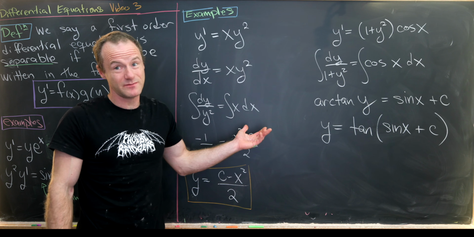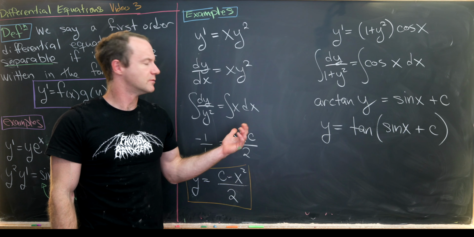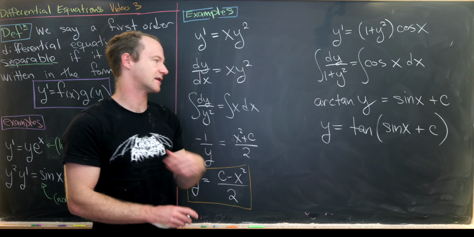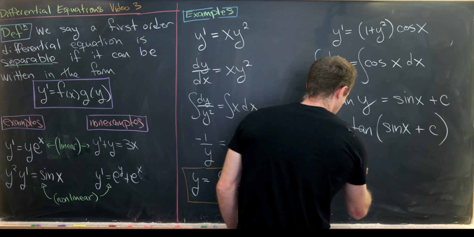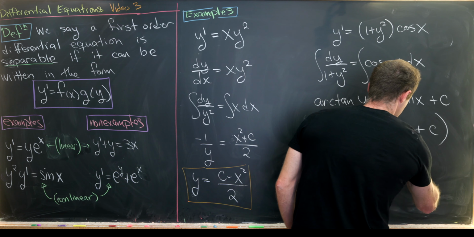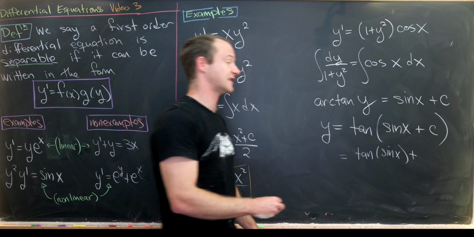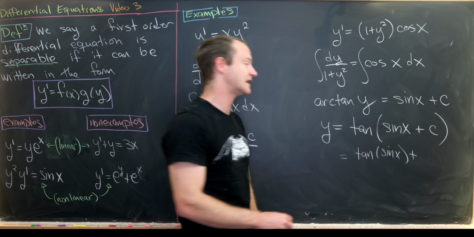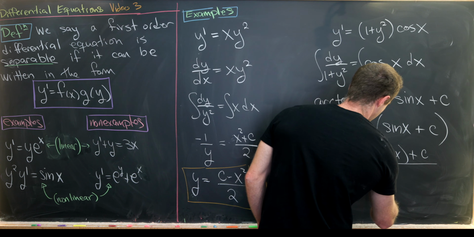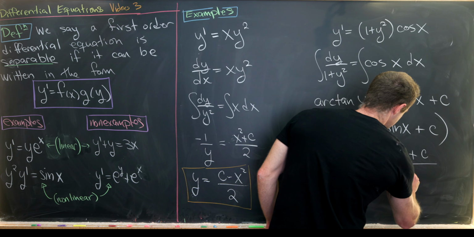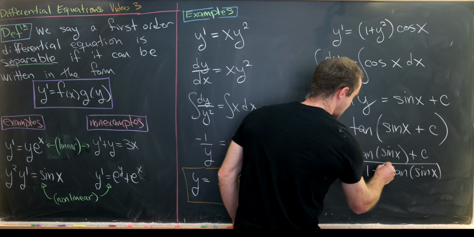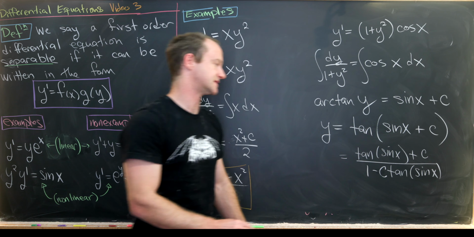And you know, that might be a suitable way to leave this, but we could also use the sum angle formula for tangent to work this out a little bit more. That'll give us something like the tangent of the sine of x plus the tangent of that constant. But just as you might have thought, I'm going to rename that c. And then this is going to be over 1 minus the tangent of the sine of x, and then times that same constant c.